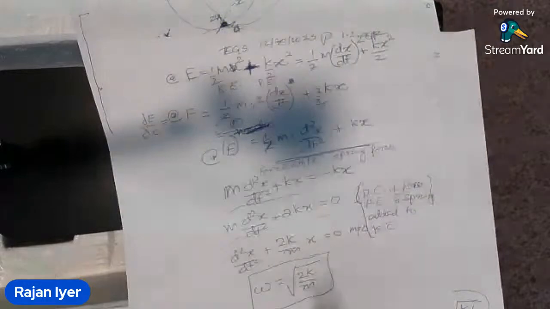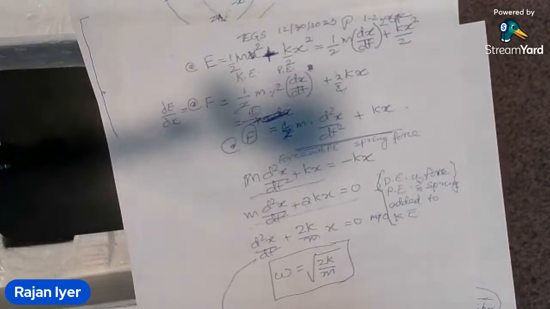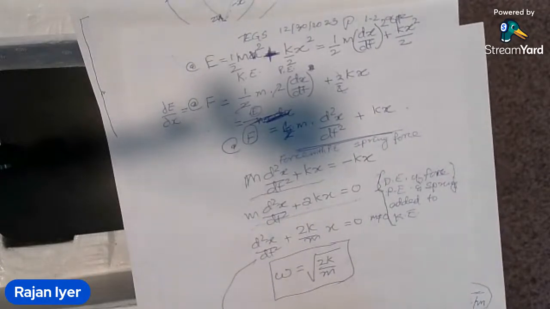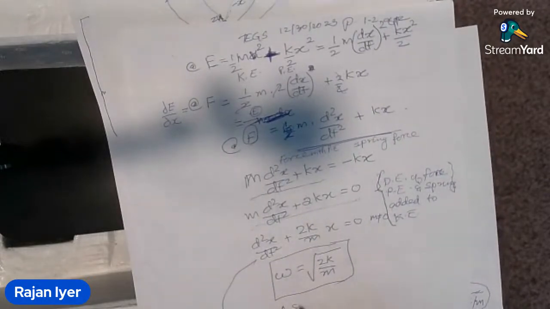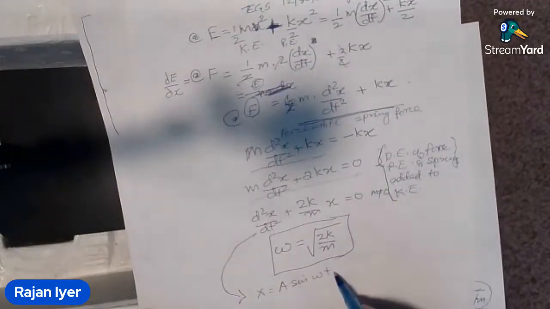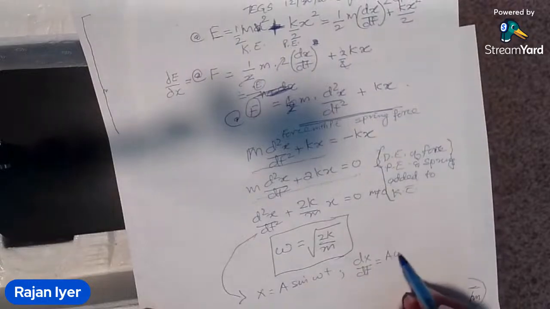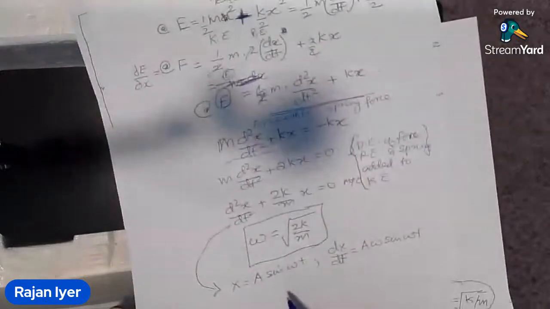Again, the same solution. We go through the same kind of thing that we did before. x equal to a cos omega t, that's a derivation, same thing. So then I have dx by dt equals minus a omega sine omega t, right?